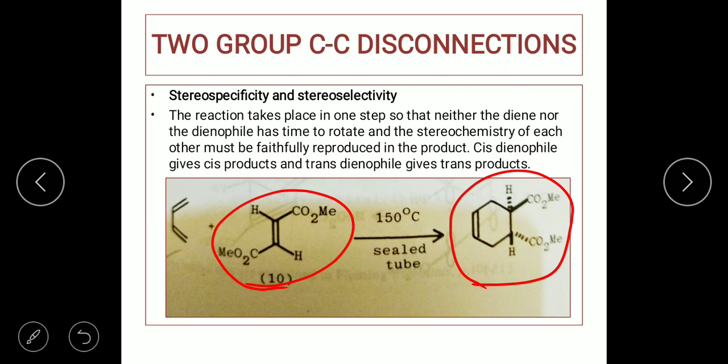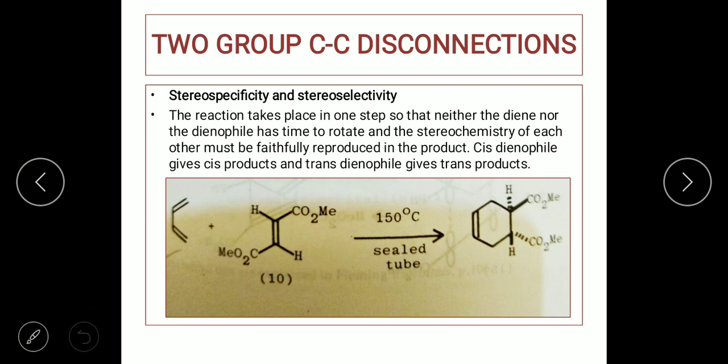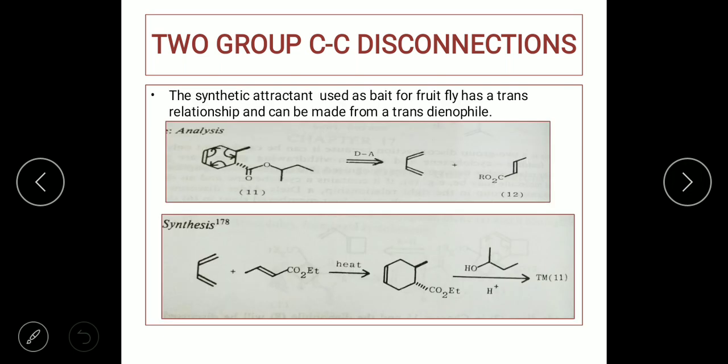The two substituent groups on the dienophile have the same stereochemistry in the product: one is above the plane and one is below the plane. Similarly, the two hydrogens in the dienophile also have the same stereochemistry in the product. So the cis dienophile gives cis products, and the trans dienophile gives trans products.